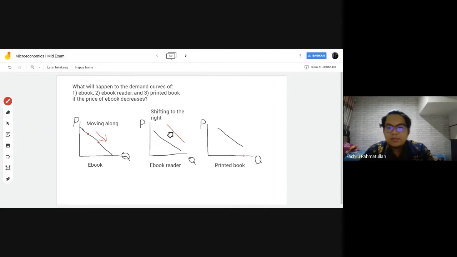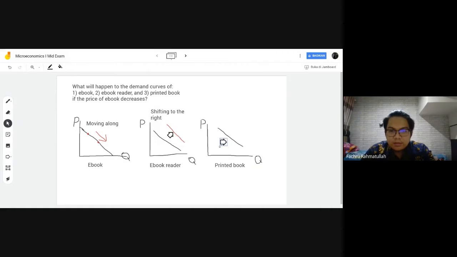Because this is a substitute for the ebook, we can think that the printed book quantity will be decreasing because people are going to buy ebooks right now. So what happened to the curve?